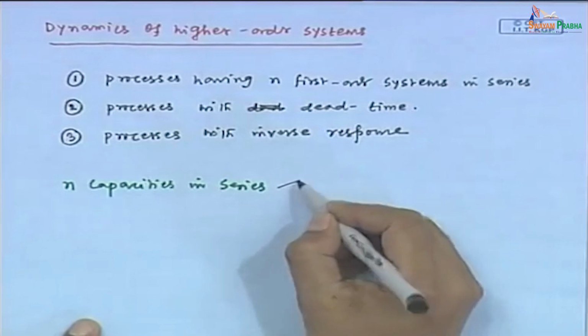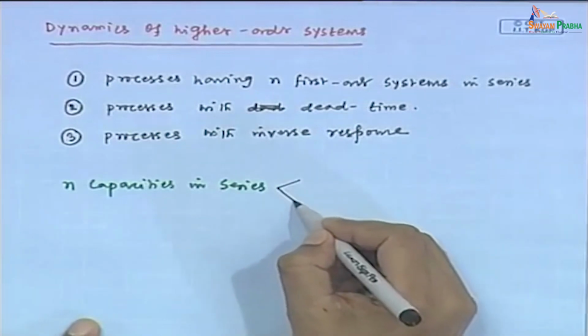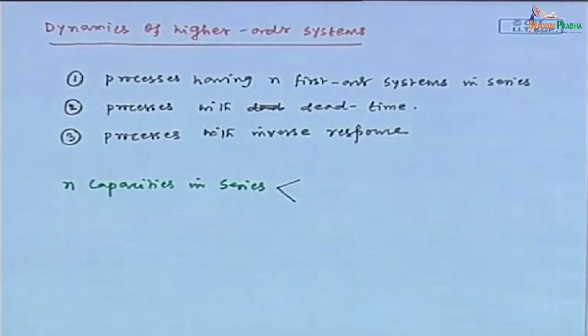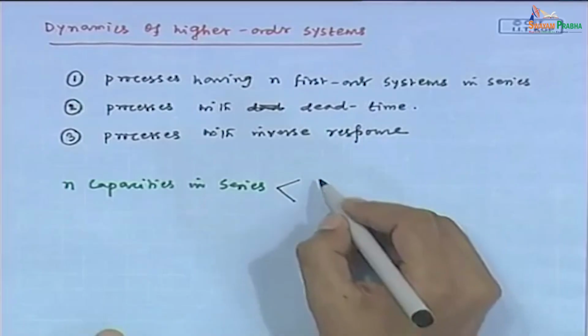We can classify this into two different systems. One is n non-interacting capacities in series, another one is n interacting capacities in series.